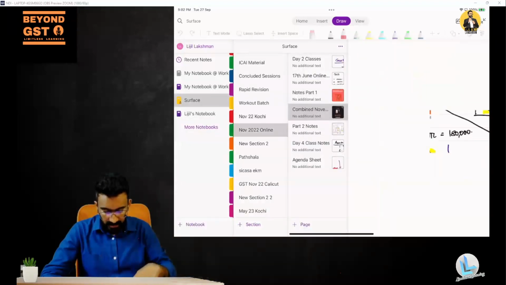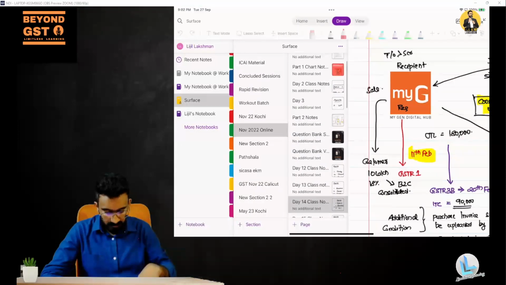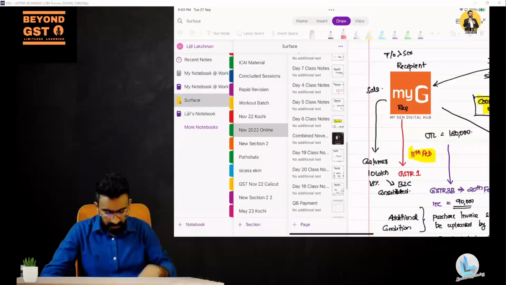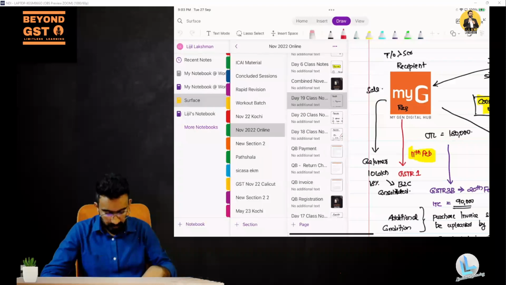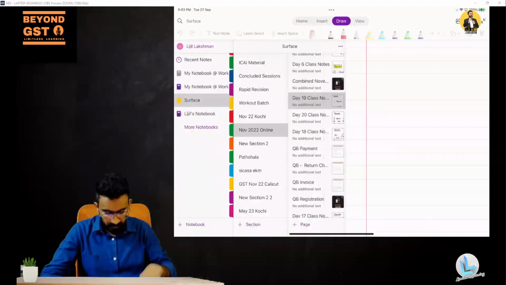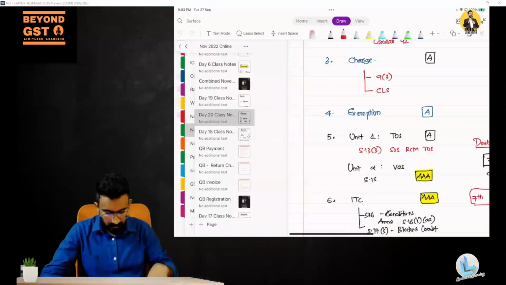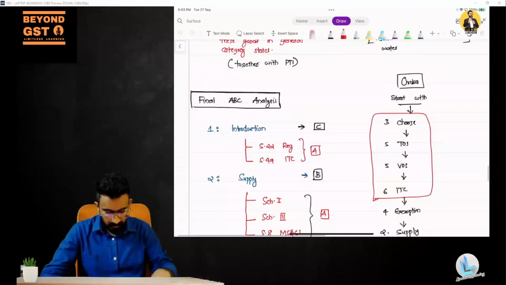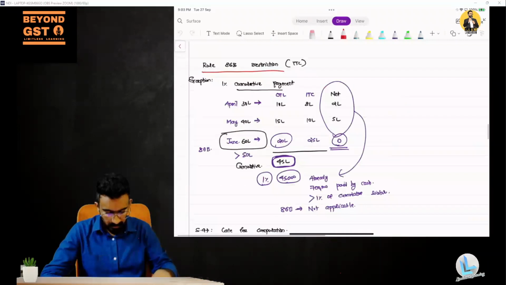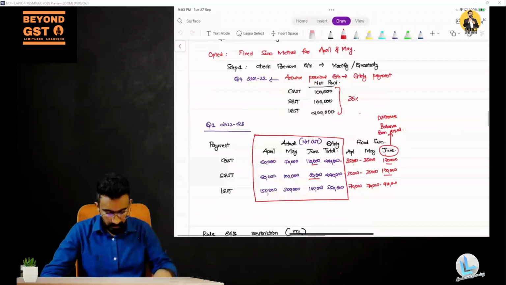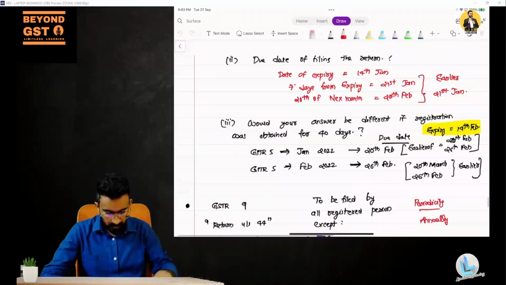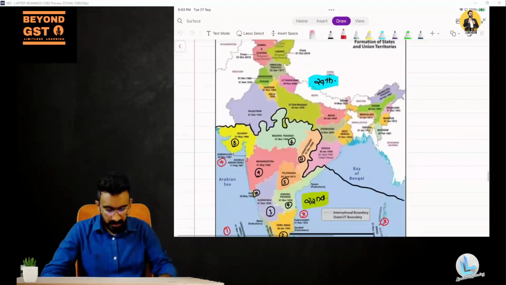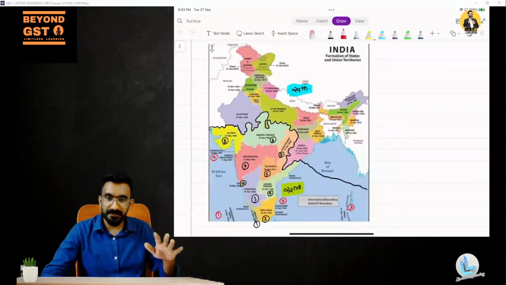So to look at that, the best method is to look at the state in this order. See, look at India here.